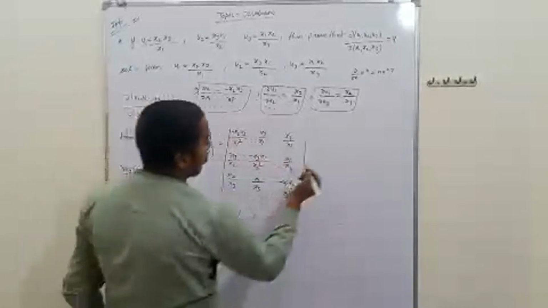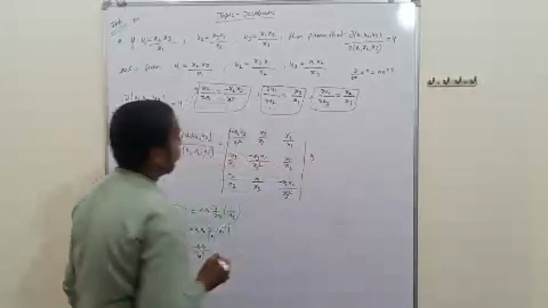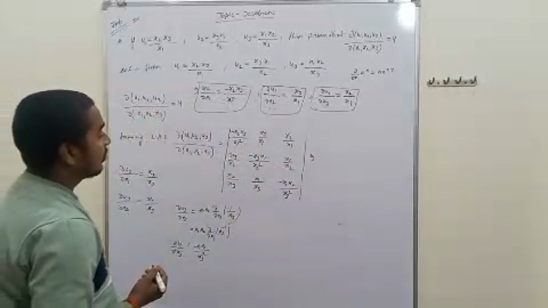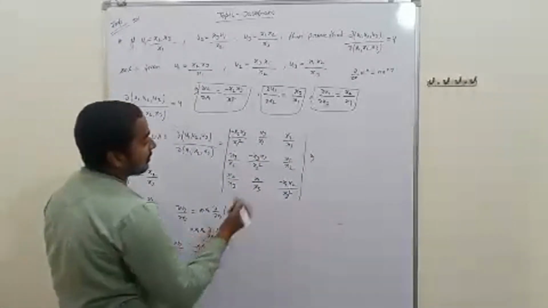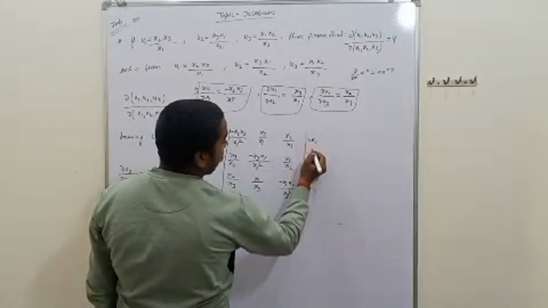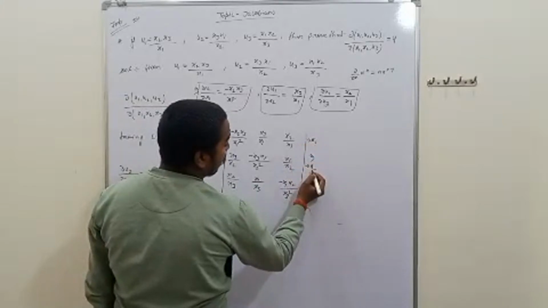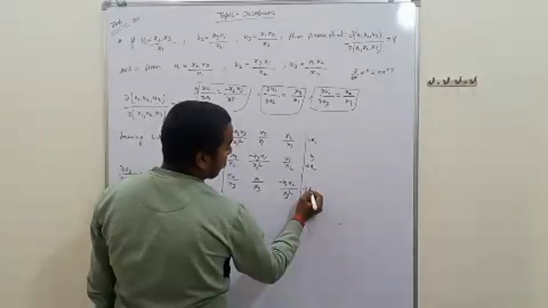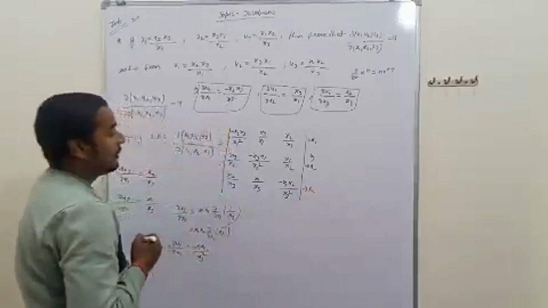Further we have to solve the determinant, that is taking common x1 square. This is r1 and this is r2 and this is r3.